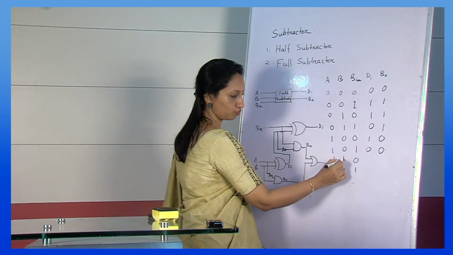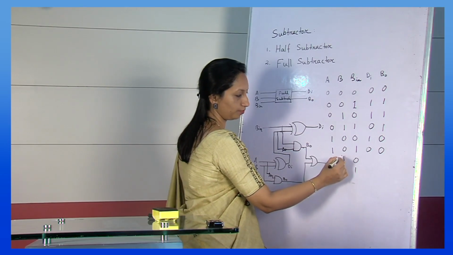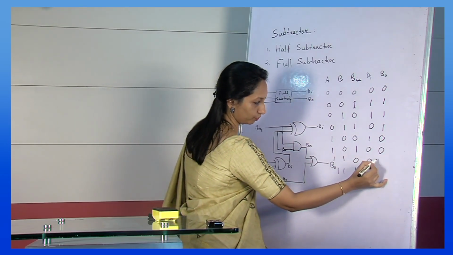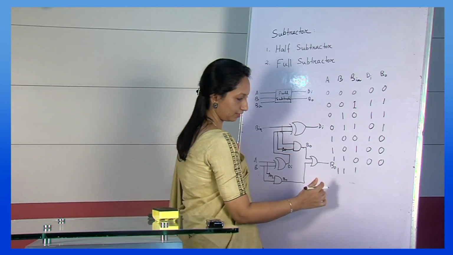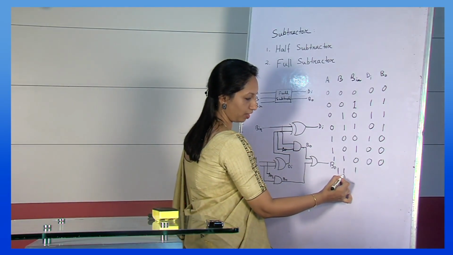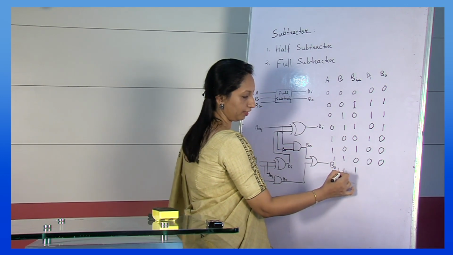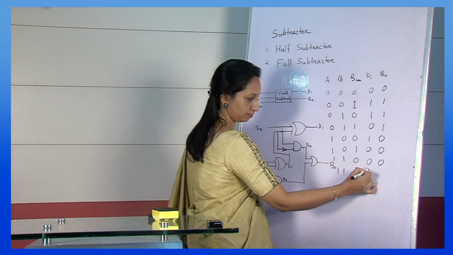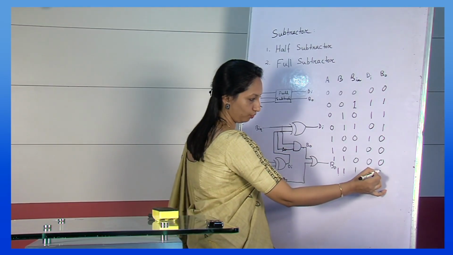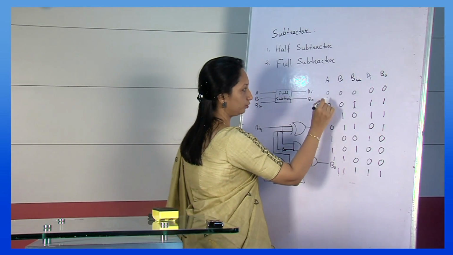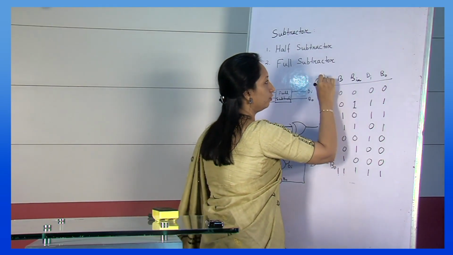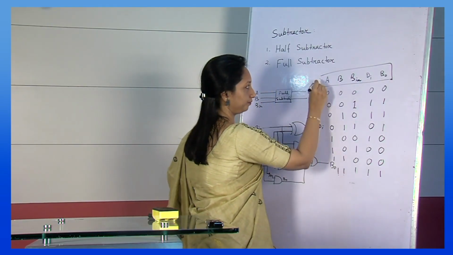Then 1 minus 1 is 0, and 0 minus 0 is 0, so borrow is 0. And the last case, 1 minus 1 is 0, then 0 minus 1 is 1 and borrow 1. So this is the truth table for full subtractor.